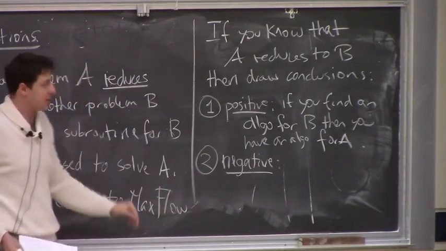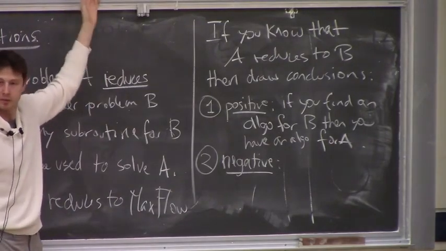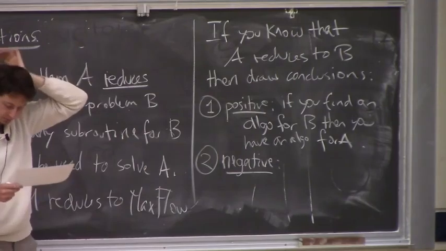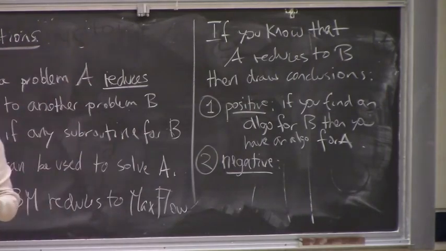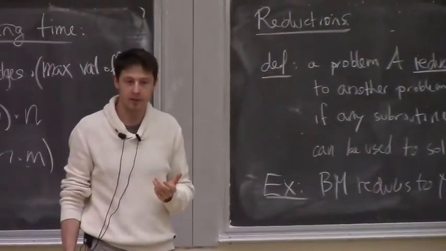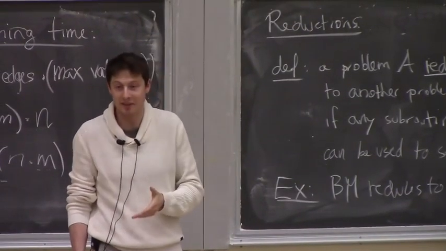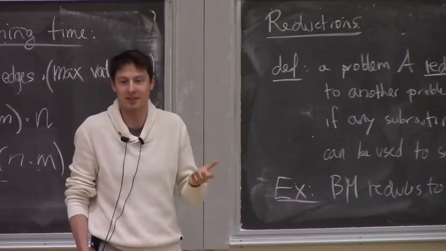So the negative thing is, what is the other conclusion that I can draw from this? Yeah? Yeah, so another way to put it is that if I believe that A doesn't have an algorithm, then B shouldn't either, okay? Because if it did, then A would have it, right? So this is what the reduction tells us, right?